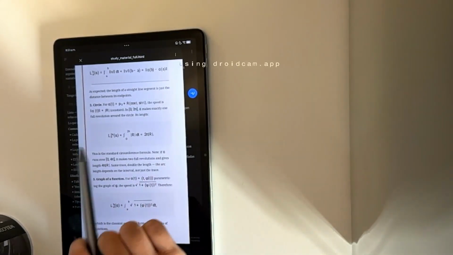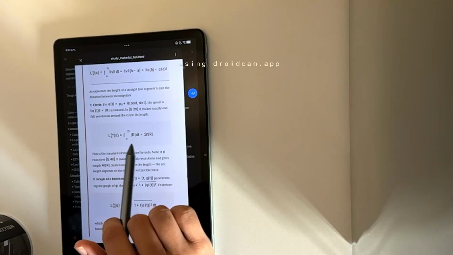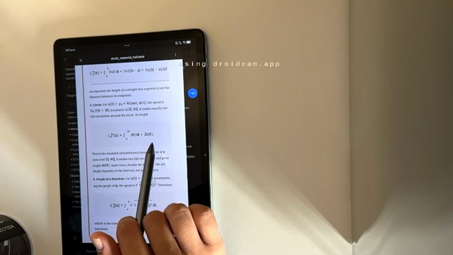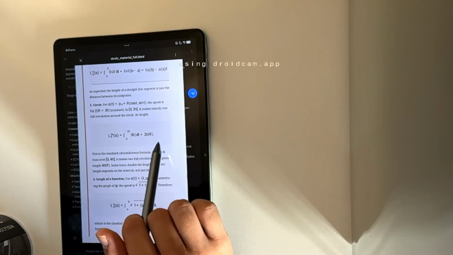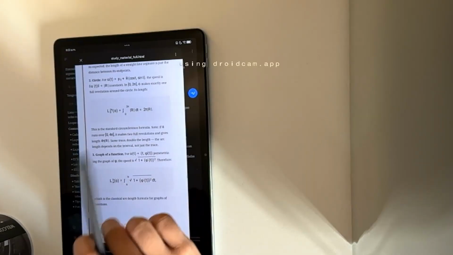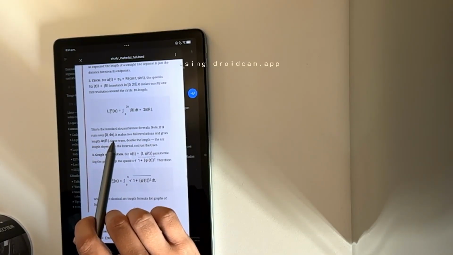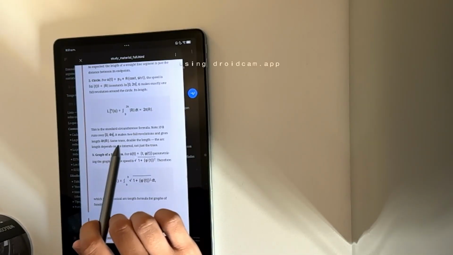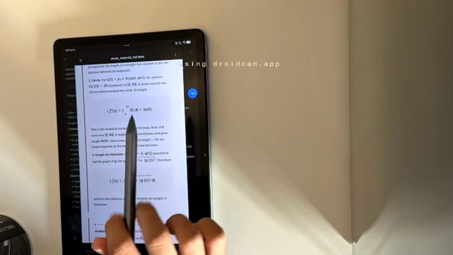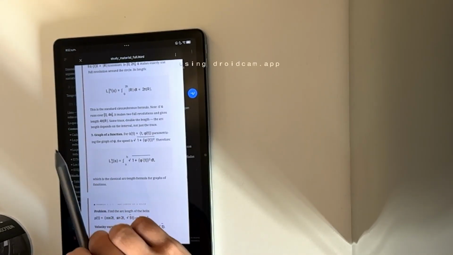Its length L from 0 to 2 pi of alpha equals the integral from 0 to 2 pi of the norm of r dt, which is equal to 2 pi r. This is the standard circumference formula. Note, if alpha runs over 0 to 4 pi, it makes 2 full revolutions and gives length 4 pi r. Same trace, double the length. The arc length depends on the interval, not just the trace.